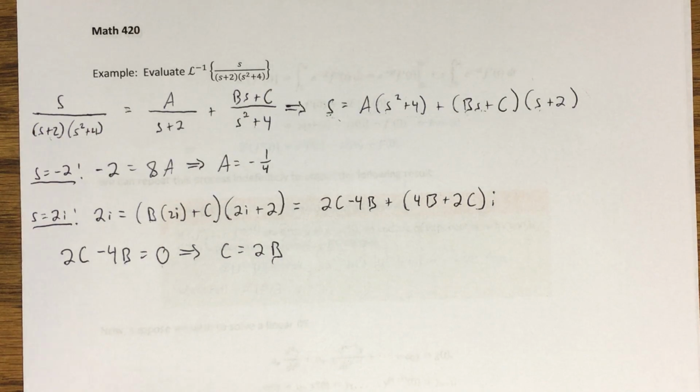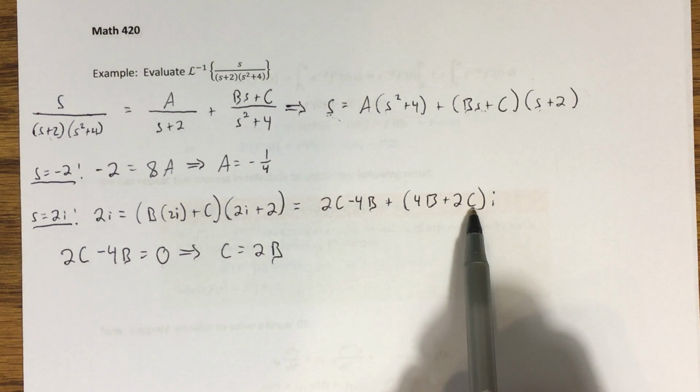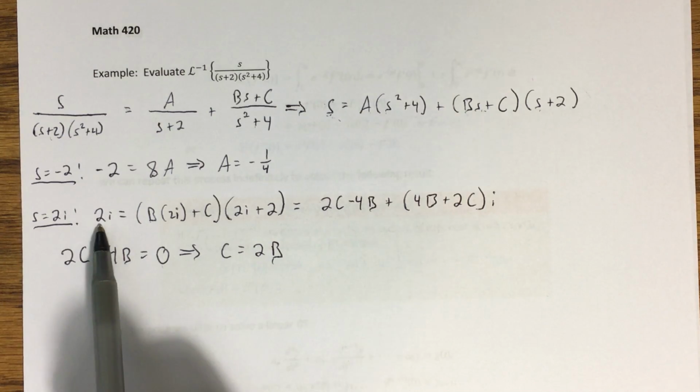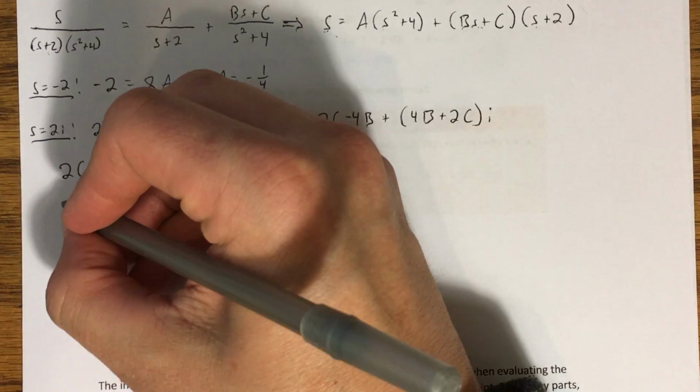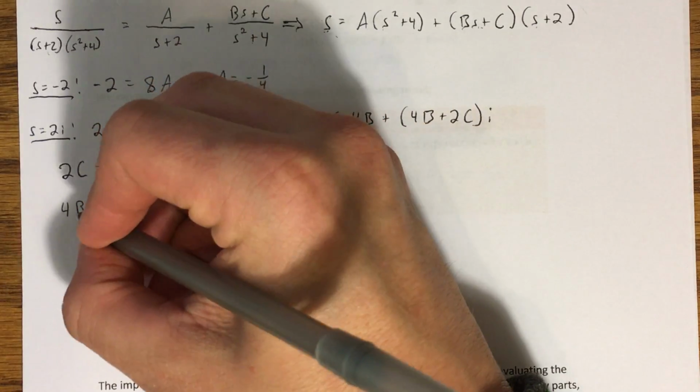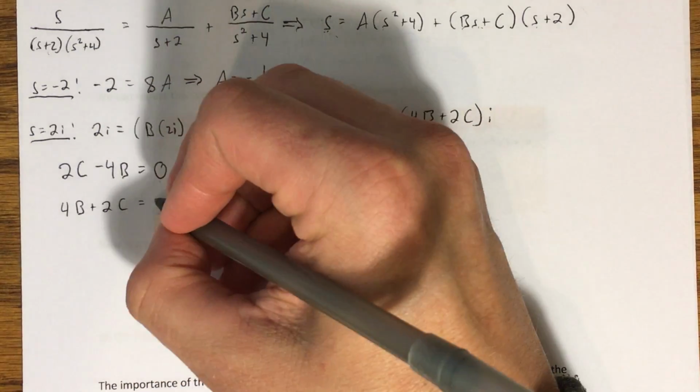Okay? Now, this second part, this imaginary part, should equal 2, because that's the imaginary part on my complex number there. So that means I should have 4B plus 2C equals 2.